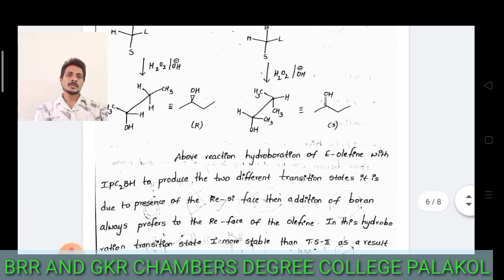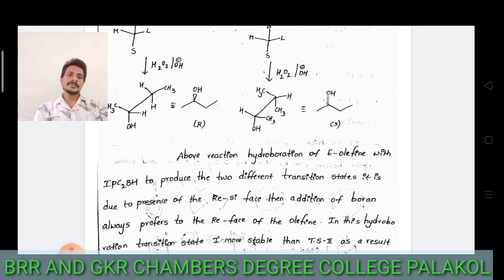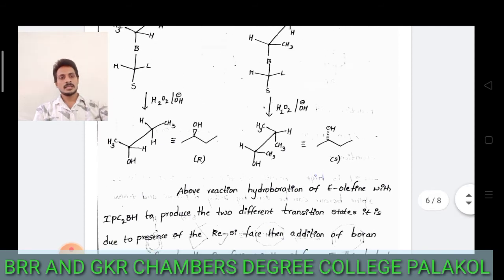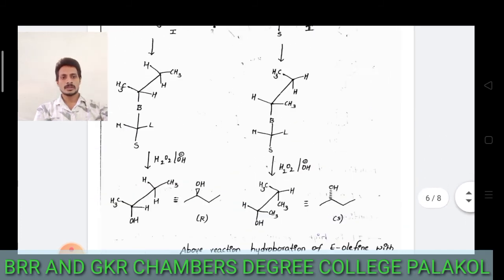We observe that transition state 1 is more stable than transition state 2. Then it gives 56% of R isomer and 43% of S isomer.